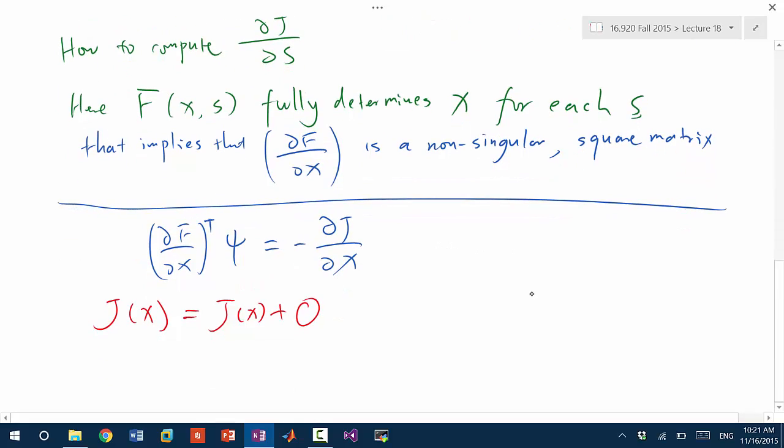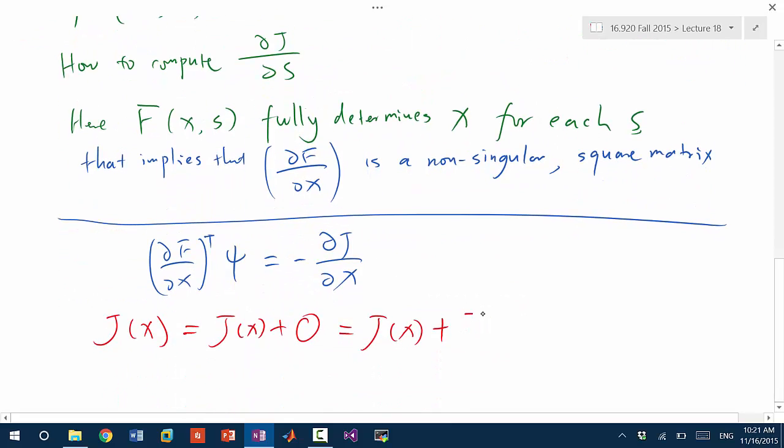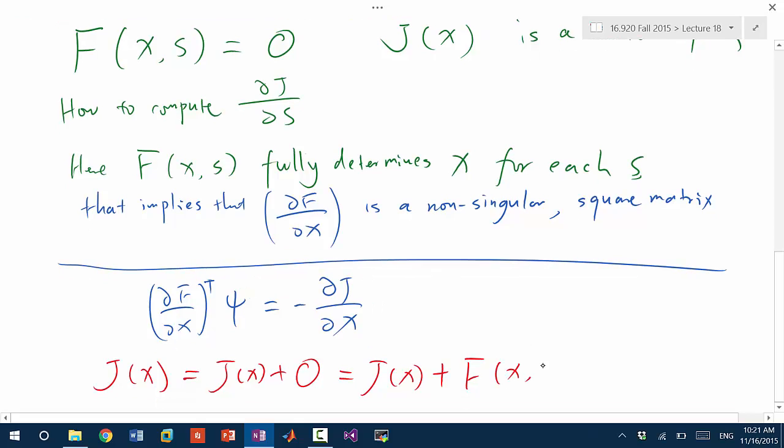Everybody agrees with that? And I'm going to expand that 0 as f, because f of x and s is equal to 0, right? Agreed? Okay.